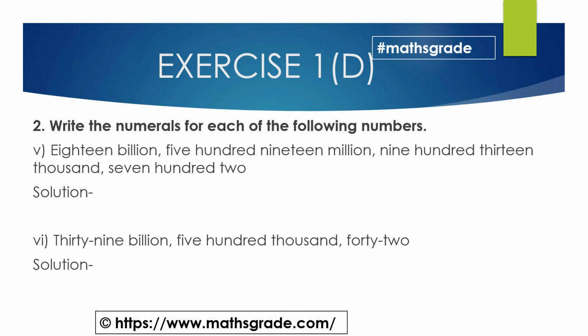Now we will solve question number 50. 18 billions 519 millions 913,702. 18 billion: this is the billions place, 10 billion and 1 billion, 18 billions, comma, then the millions place, 519 million.